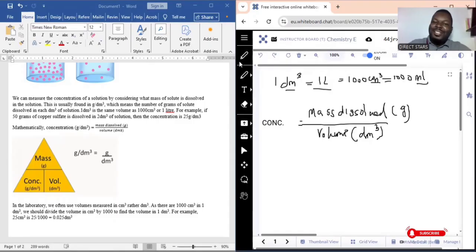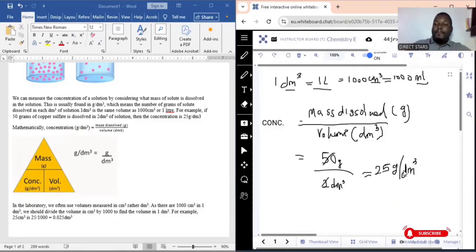So all we need to do is get the mass, which is 50 gram, divided by 2 dm cube, and that simply gives us 25, because when you divide 50 by 2, you have 25 gram per dm cube. So that is the way to go with questions like this.